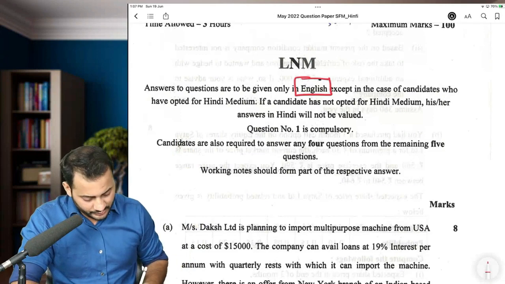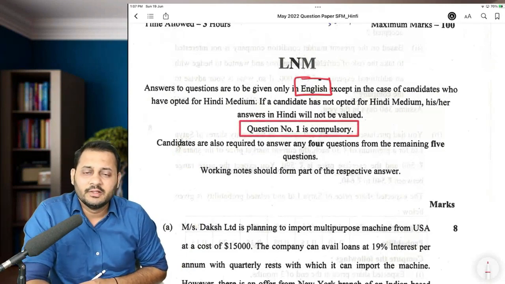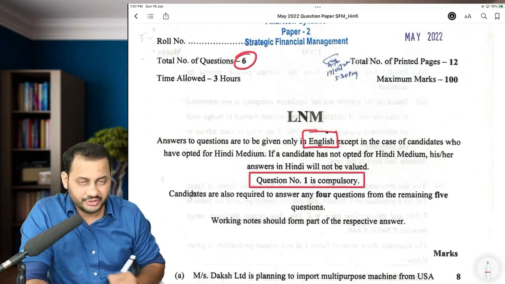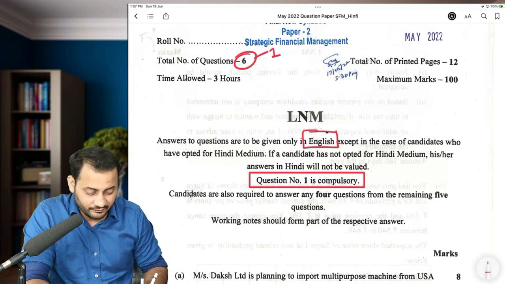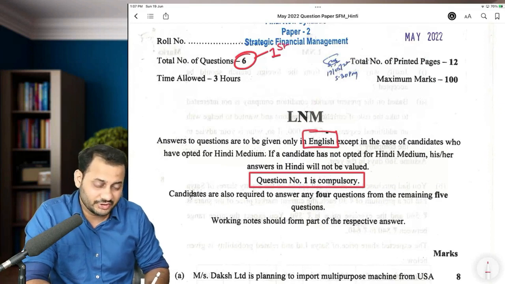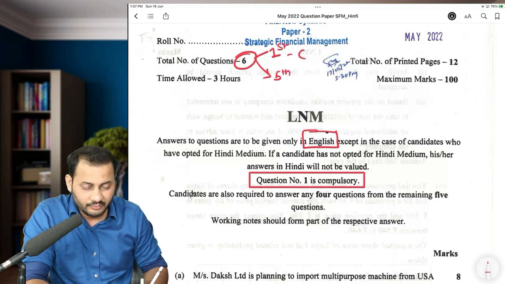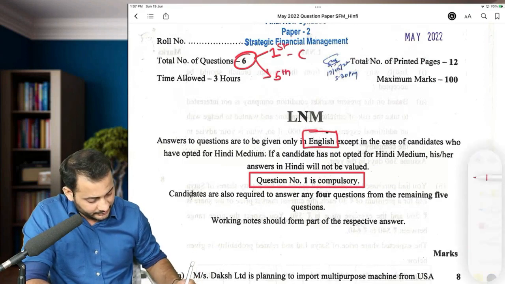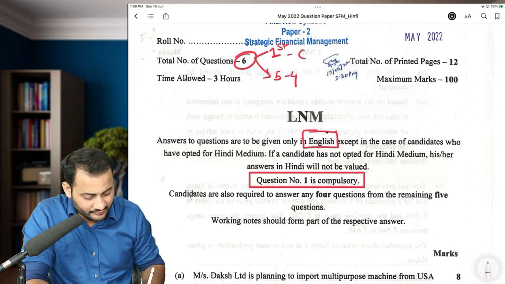Now, the most important part: question number 1 is compulsory. There are a total of 6 questions, out of which the first question is compulsory, and from the rest of the 5 questions you have to solve any 4.